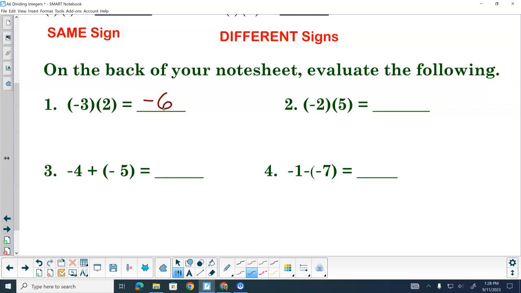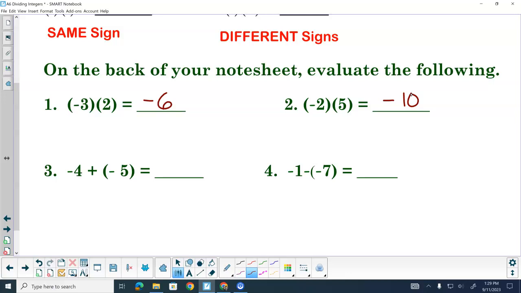Number 2, what's our operation? Multiplication again. Signs the same or different? Different, that means it's going to be negative. 2 times 5 is 10. So our answer here is negative 10. Number 3, what's our operation?